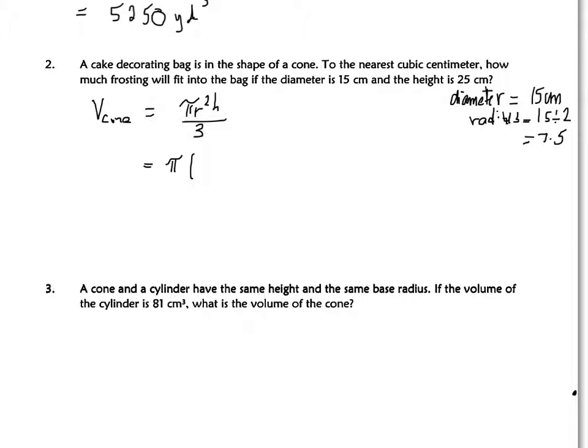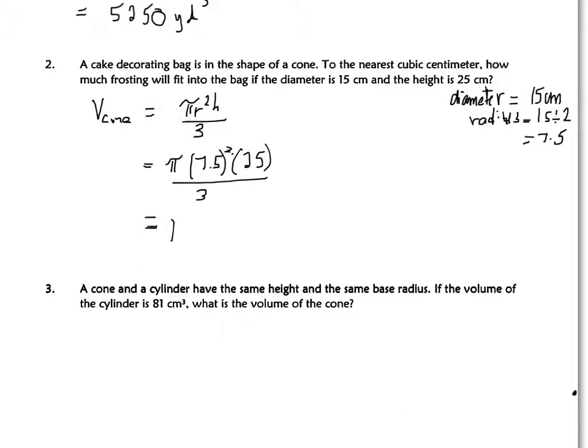So we have 7.5 squared times the height, which is given as 25, divided by 3. So this would be 7.5 squared times pi times 25, and then you've got to divide that by 3.